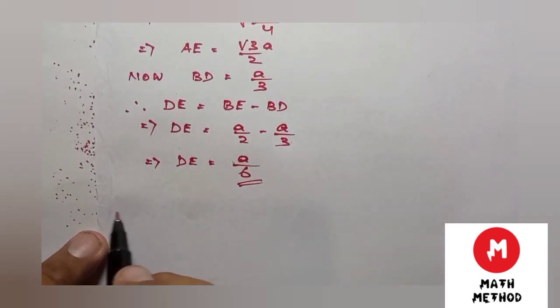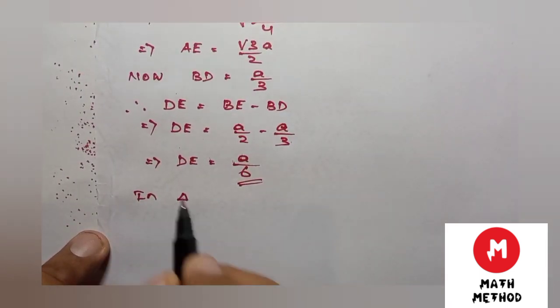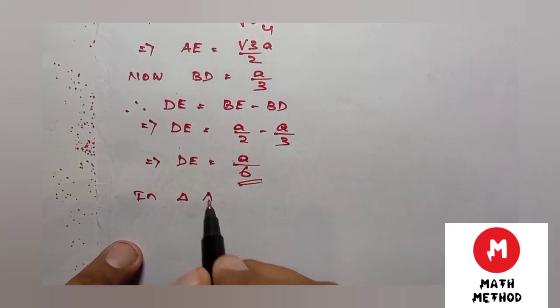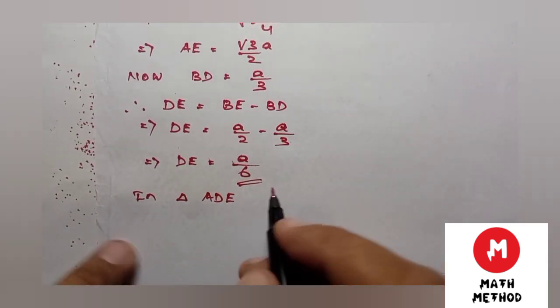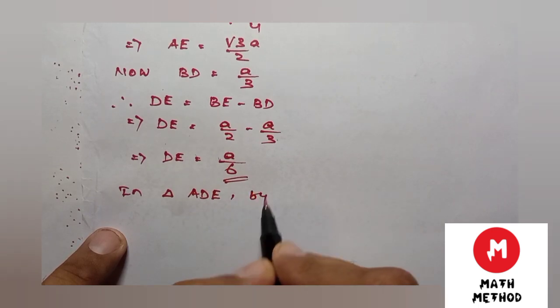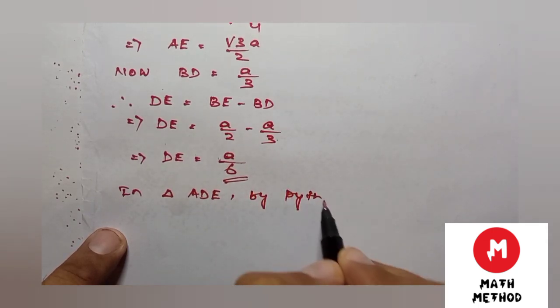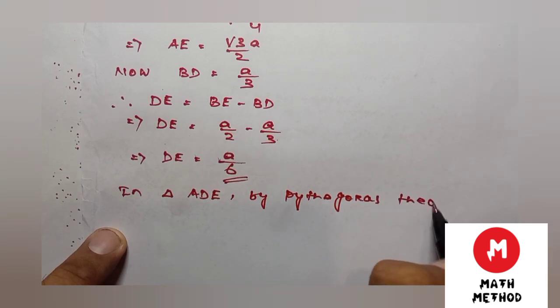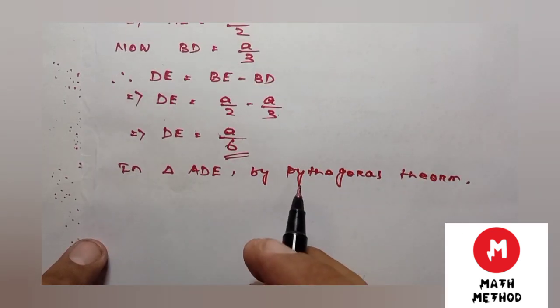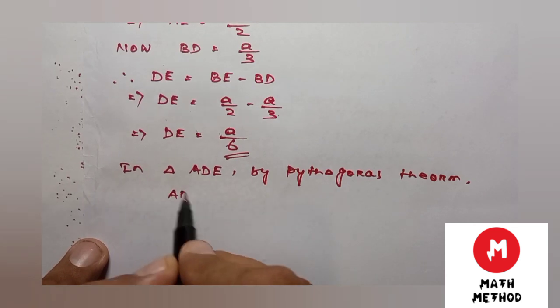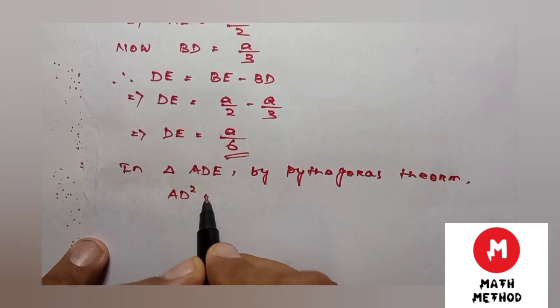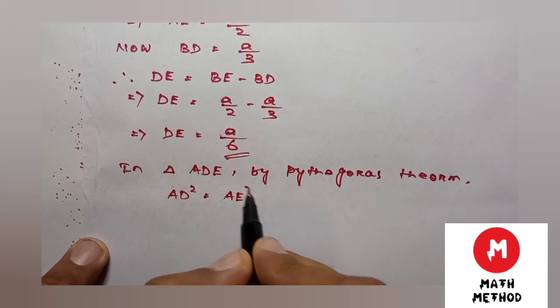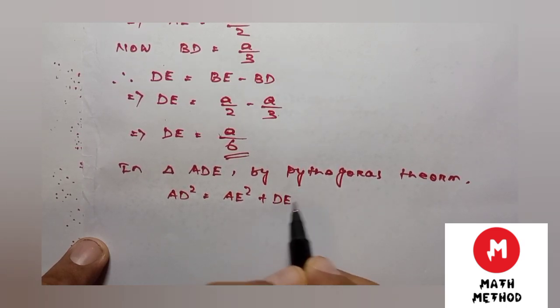Now in triangle ADE, by Pythagoras theorem, AD square is equal to AE square plus DE square.